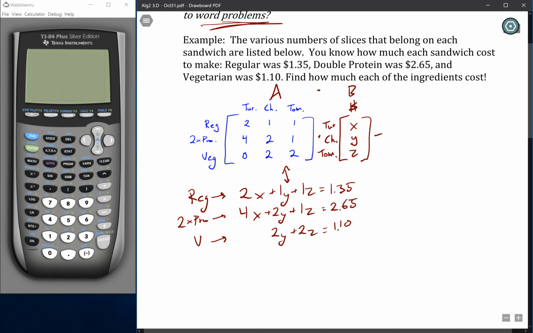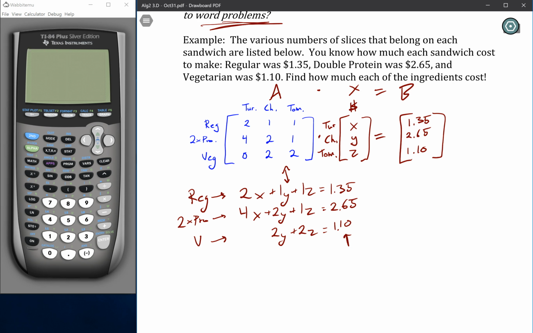Okay, and then on the other side, oh, sorry, this wasn't matrix B, this was matrix X, because it's the variables. Silly Mr. Gregory. All right, equals B. B's on the other side. Okay, so here's the B, and the B, as we know, is the results, what the equations equal. So I have 135, I have 265, I have 110. And let's just make sure the units make sense. Remember, this is the cost of each sandwich.